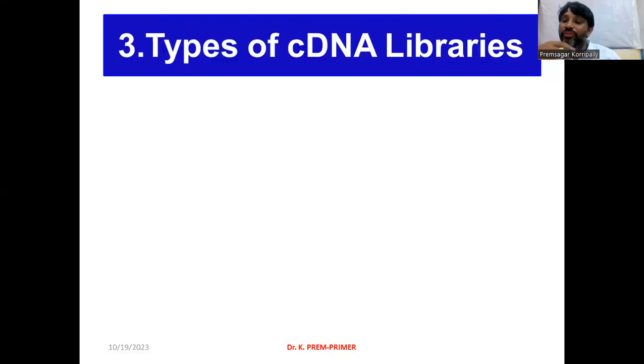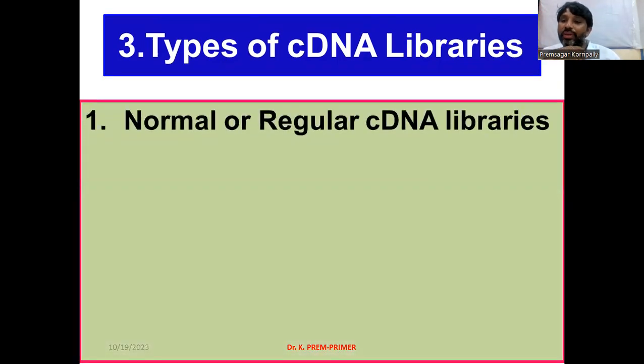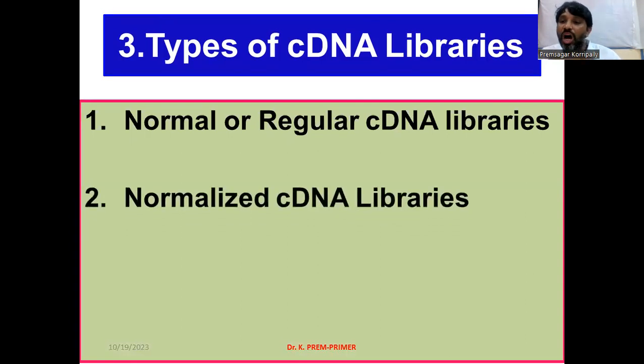What are the types of cDNA libraries? You all know the regular cDNA library. That's our first one, the regular or normal cDNA library. The second one is the normalized cDNA library. Here, some genes are highly expressed, some genes are poorly expressed. So when you convert that sample into cDNA, more cDNA and more clones belong to one or two genes.